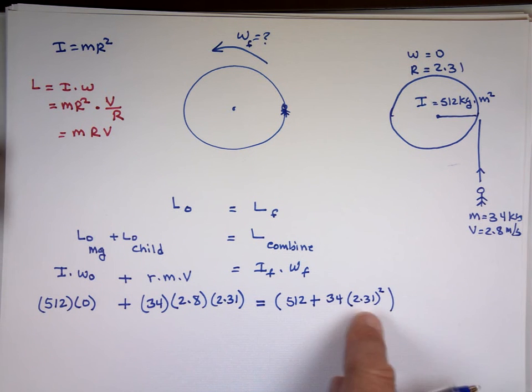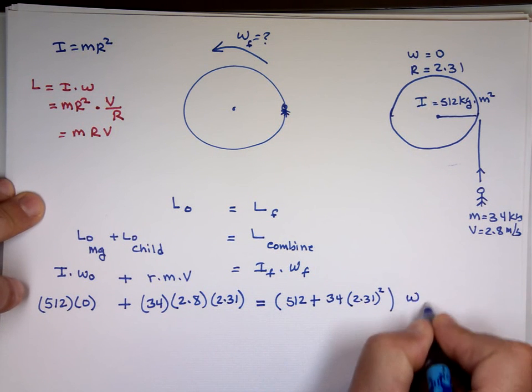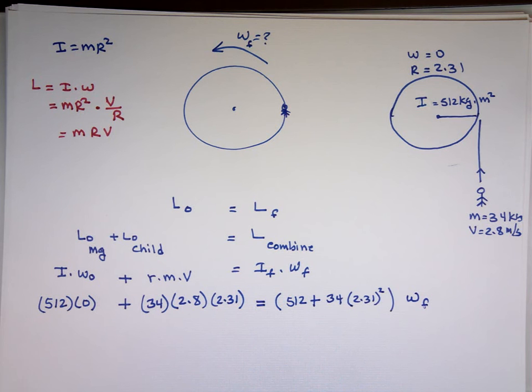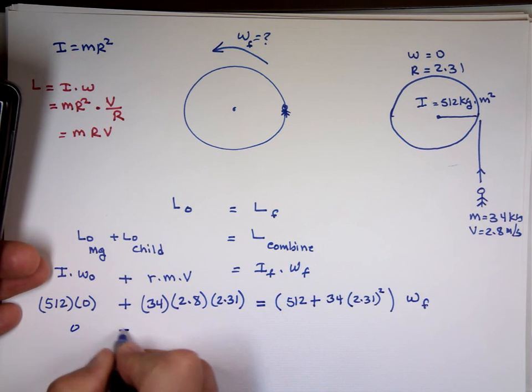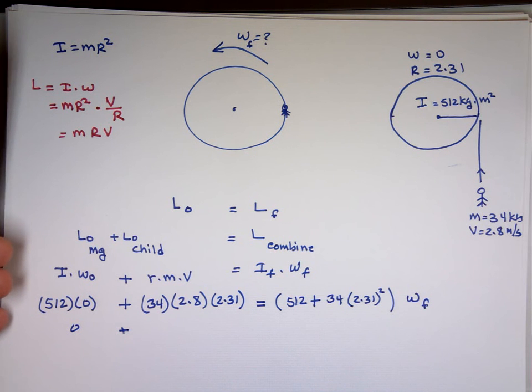Can we find what Wf is? So let's see what we have. This is 0. 34 times 2.8 times 2.31. Oh, I forgot to turn on the calculator. That will help. 34 times 2.8 times 2.31, that's 220 roughly.